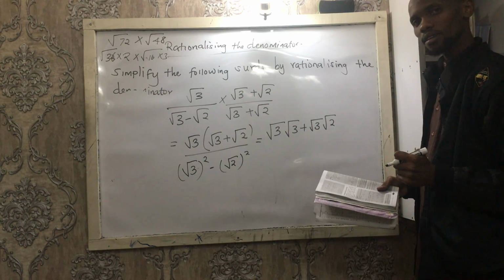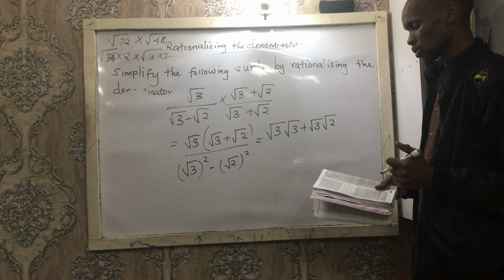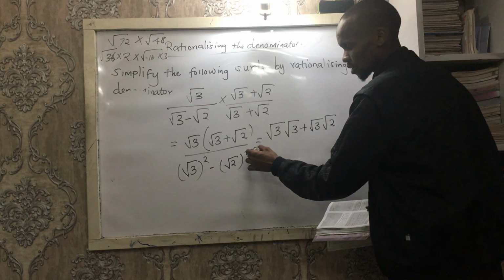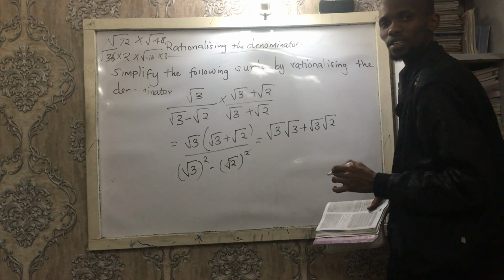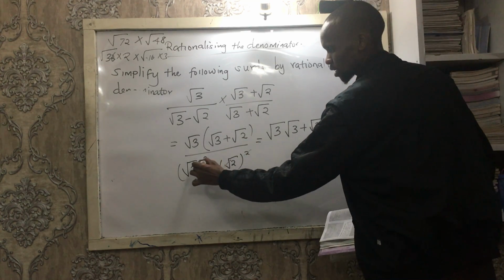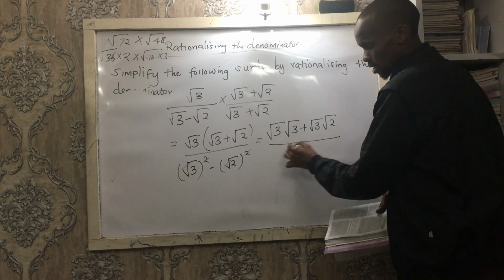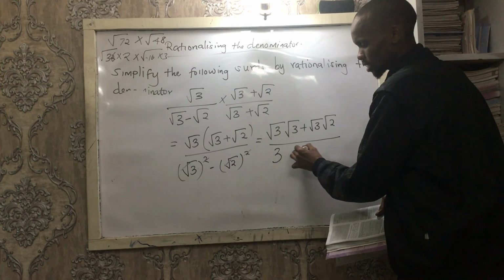Are you there? Yeah. So I taught you about squares cancelling out. Okay? So this will cancel out that one, right? And this will cancel out that one, right? So that we can remain with 3 minus 2.